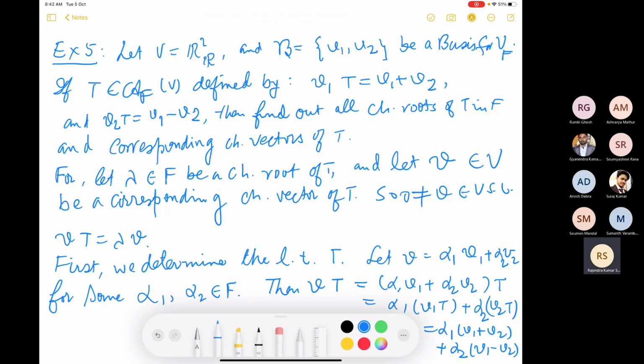Thank you. So v2T is v1 minus v2. So the linear combination that we get is alpha 1 plus alpha 2 times v1 plus alpha 1 minus alpha 2 times v2.